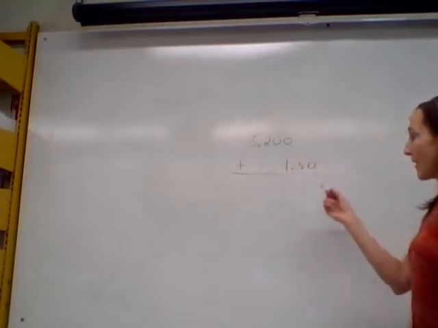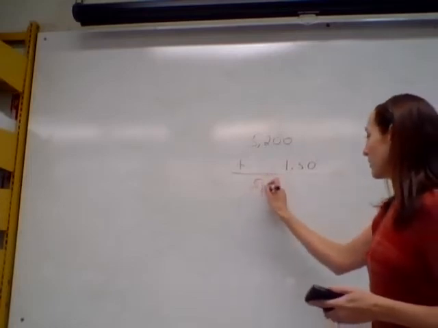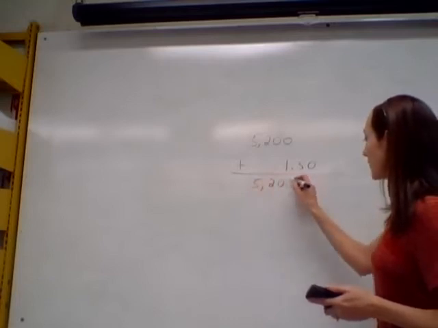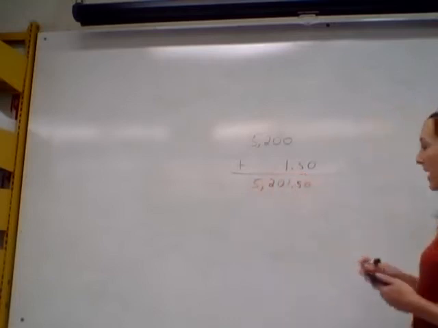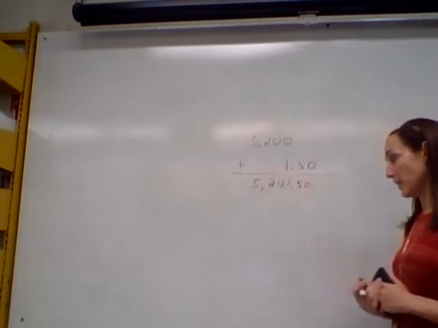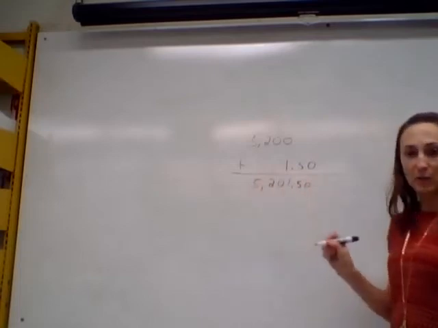Now anyway, when I add this up, if I punch these two numbers into my calculator, it will tell me 5,201.50. So your calculator just does the legwork of the math, but again, it's your job to know what numbers I'm allowed to report and which ones I am not. So if I add this together, this is what you get, but that's not the number you should report.